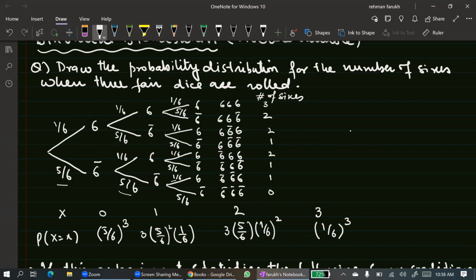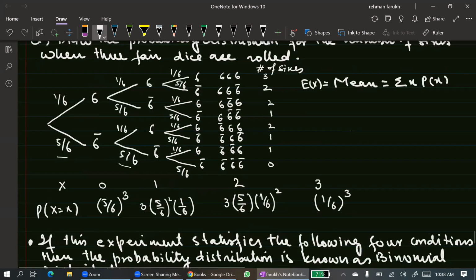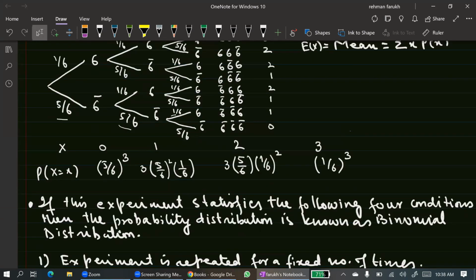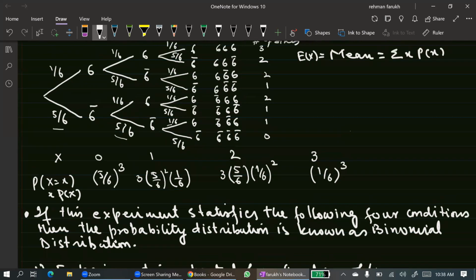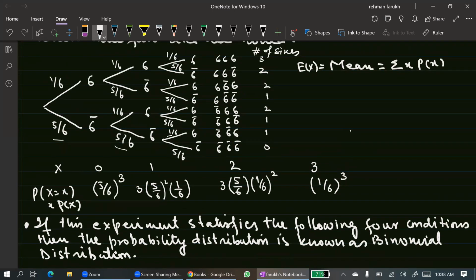The formula for the mean is sum x into p of x. Mean is also known as expected value of x. We will generate two columns. We will generate one column x into p of x, and the sum of this column is the mean of the probability distribution.